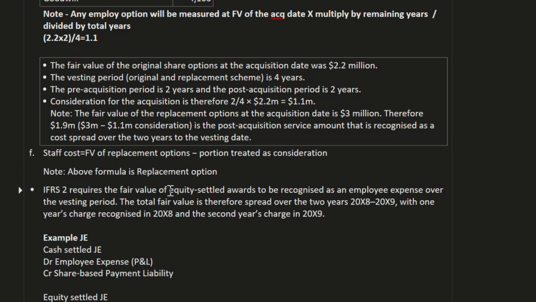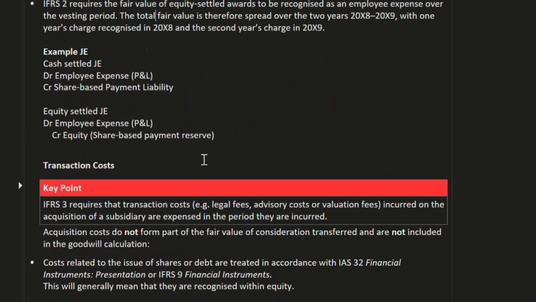IFRS 2 requires the fair value of equity settled awards to be recognized as an employee expense over the vesting period. The total fair value is therefore spread over 2 years, 28-29. This is post acquisition, with 1 year charge recognized in 2028 and second year charge recognized in 2029.